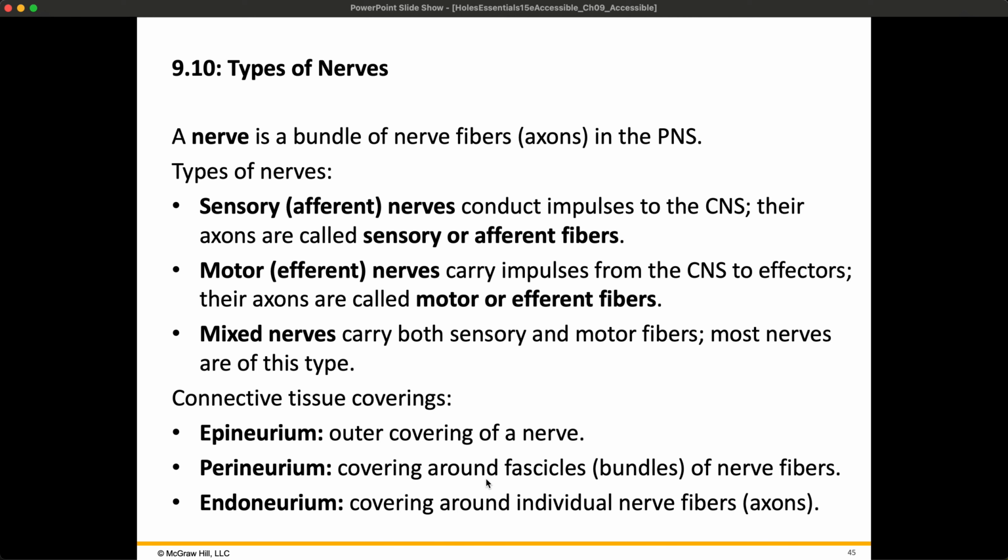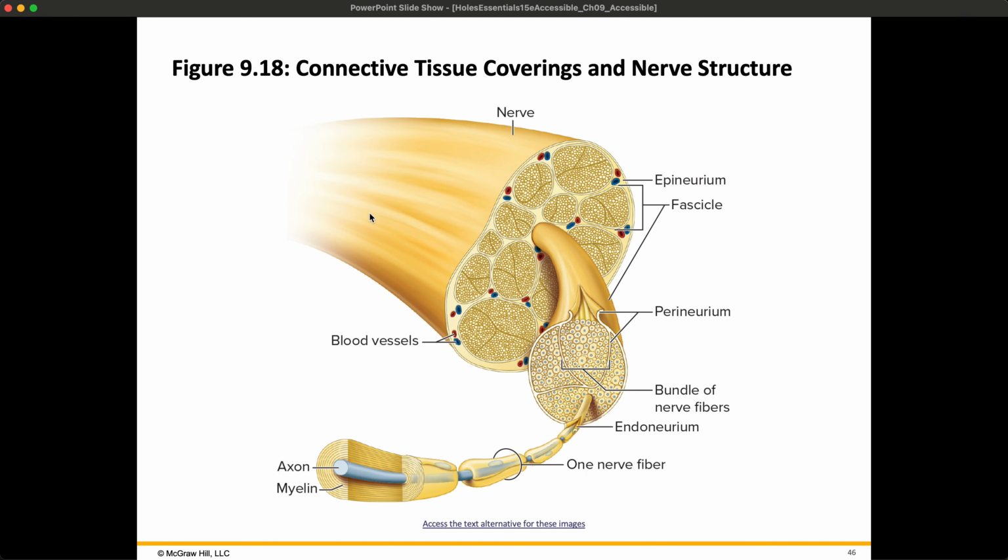And even perineurium is surrounding fascicles. So here you can see an entire nerve that's wrapped in that epineurium. In between, you have this perineurium, which is defining your fascicles. And then each fascicle is going to be a bundle of nerve fibers. Then each nerve fiber is going to then be its own myelinated self.